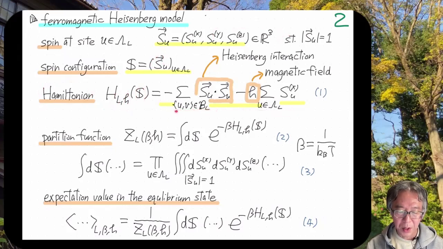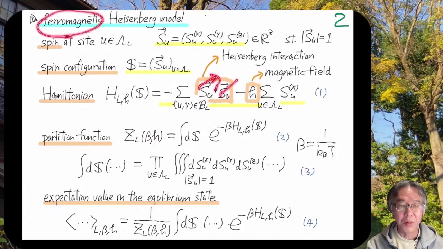First of all, we have a sum over all bonds of this term, which is usually called the Heisenberg interaction, and it's simply the inner product of two neighboring spins. Since this is the inner product and we have a minus sign, if you want to lower this energy, then you want to make this inner product large. It means that the two spins want to align in the same direction.